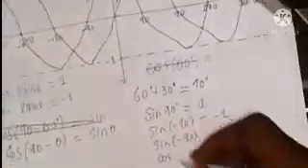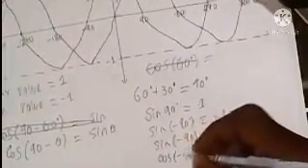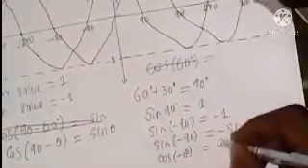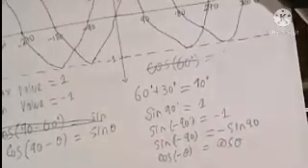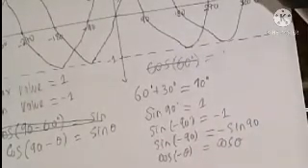So cos of negative theta is equal to cos theta, and this is described as an even function. Okay, so cos is an even function and sine is an odd function.